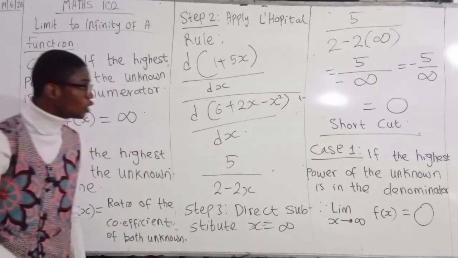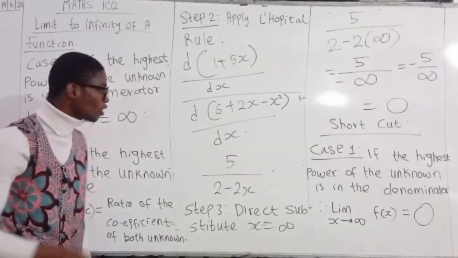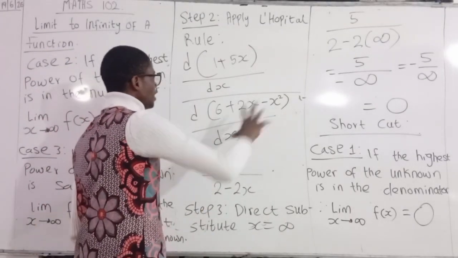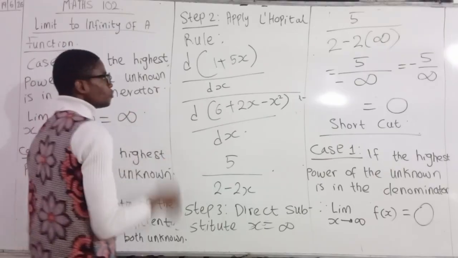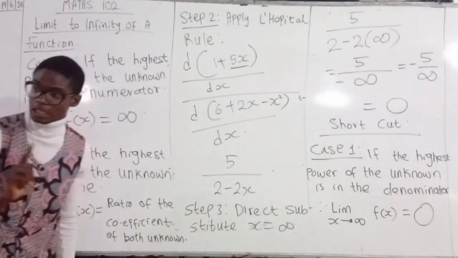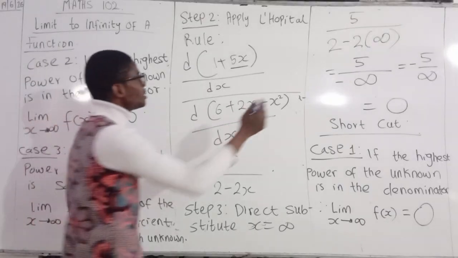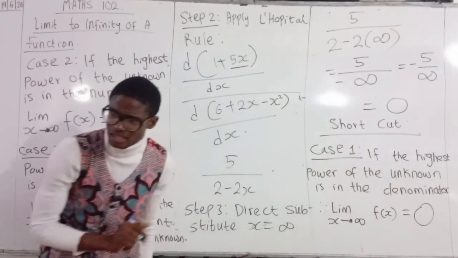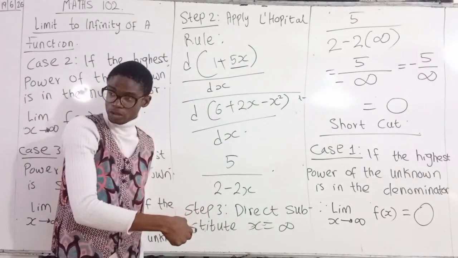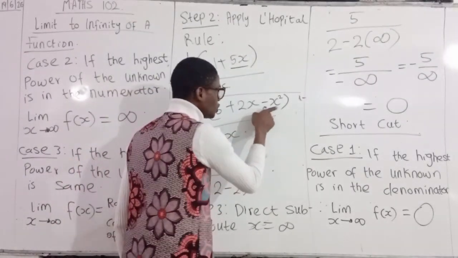But if you don't know what to do in this case, or you forgot the rule, just come to any of the questions you have. If you have a question like this, take out the term with the highest power in the numerator, make it the numerator of your answer, right? Take out the term with the highest power in the denominator.